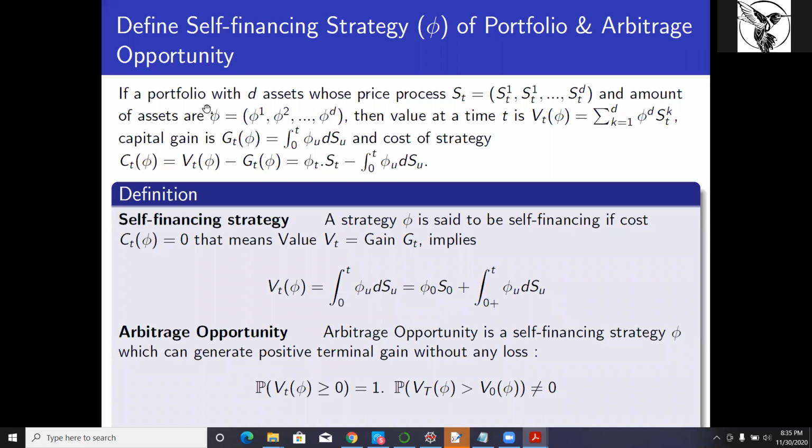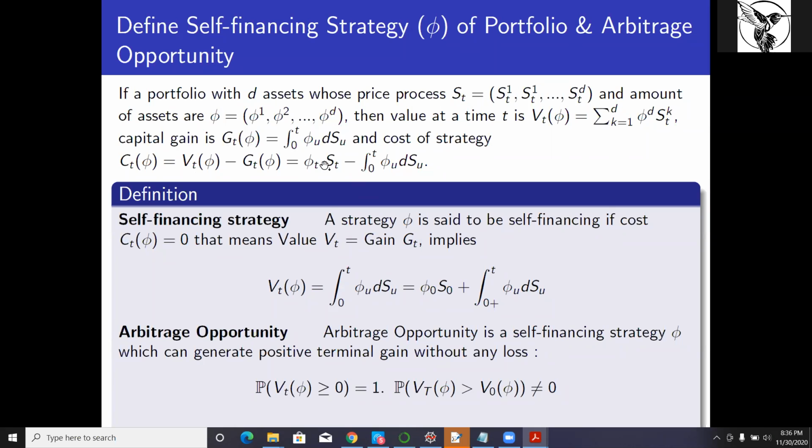I am calling phi a strategy, and the value of my portfolio is basically the summation of this, right? Obviously the stock price will vary and change, and because of the change I will either incur a loss or a gain. So I'm defining the gain as the integral of phi dS, the change in stock price.